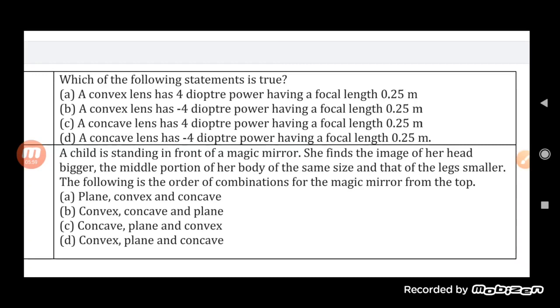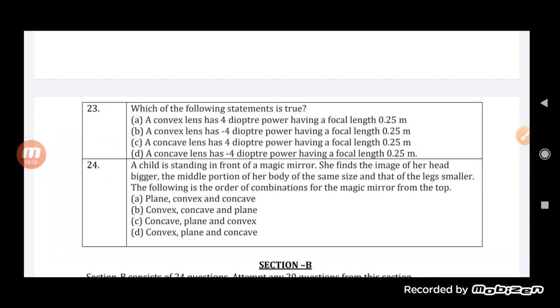So a convex lens having 4 diopter power and a focal length of 0.25 meter will be the correct option.